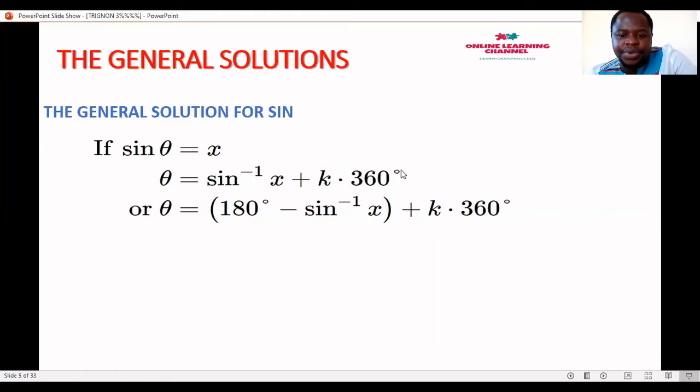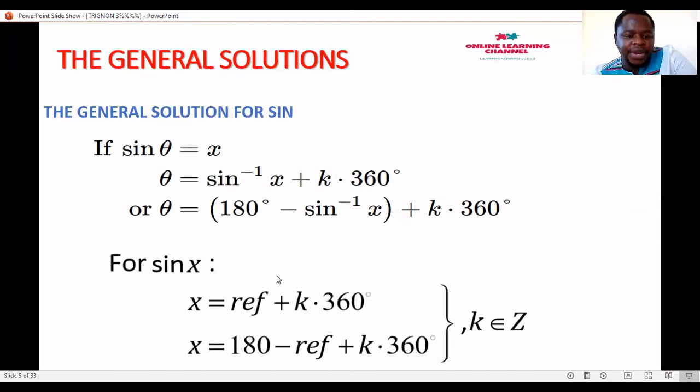Now, where k is an element of real number, or theta is equal to, so this will be your reference angle, in other words. Theta will be equal to 180 minus the reference angle, or arc sine x, plus k multiplied by 360. We're saying 180 minus because sine is positive in the second quadrant.